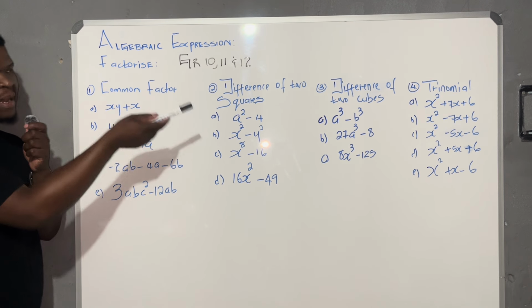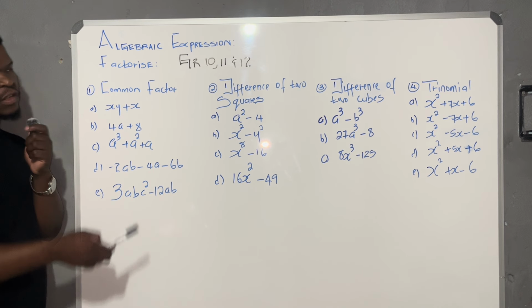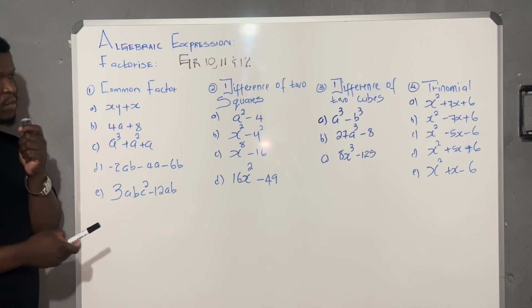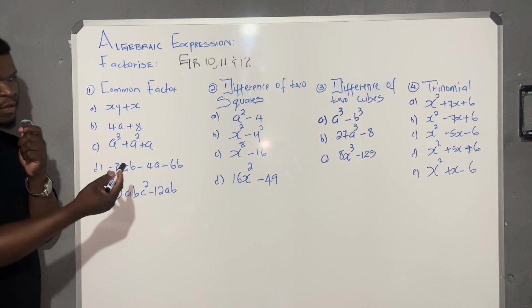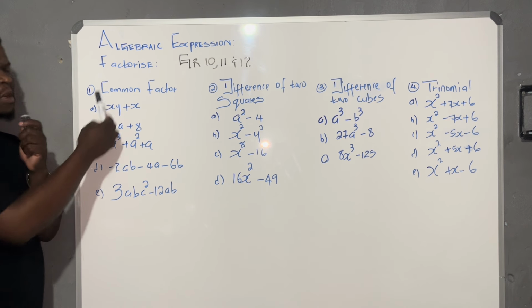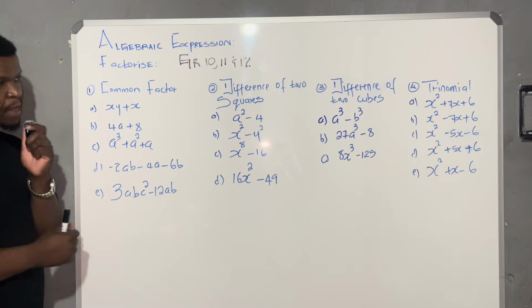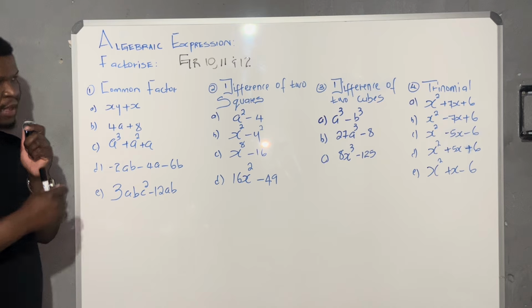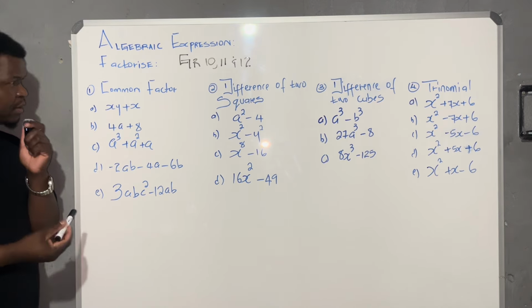We've got the sum and the difference of two cubes as well. Then we've got a trinomial, which is mostly known as quadratic factorization. And we also have the last one, due to the space, number 5, is factorize by means of grouping, which is not accommodated there yet. So now, stay tuned as I'm going to unpack all what you see here on the board.